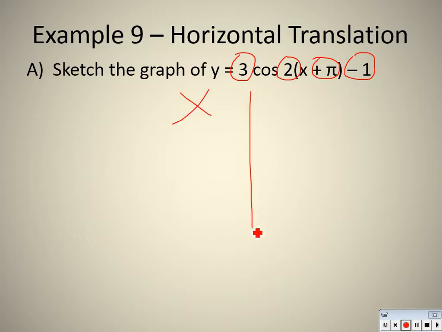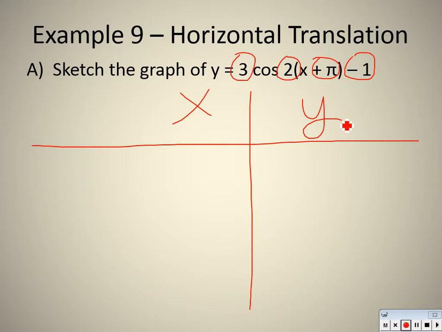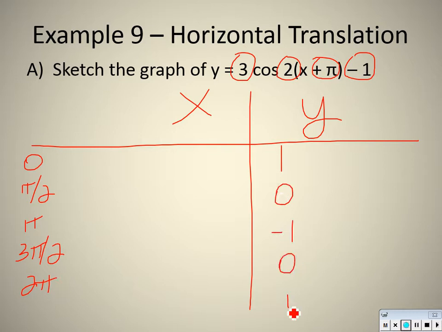So I'm going to give myself a little bit of room on both sides of the table. First thing I'm going to start with for cosine is my critical values: 0, pi over 2, pi, 3 pi over 2, and 2 pi. For my y coordinates, I have for cosine 1, 0, -1, 0, and 1.